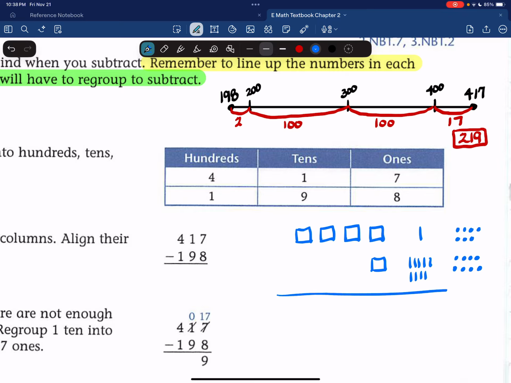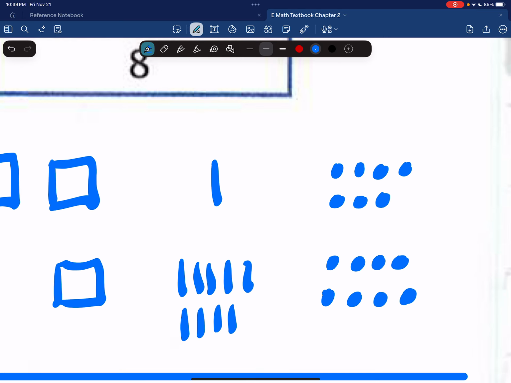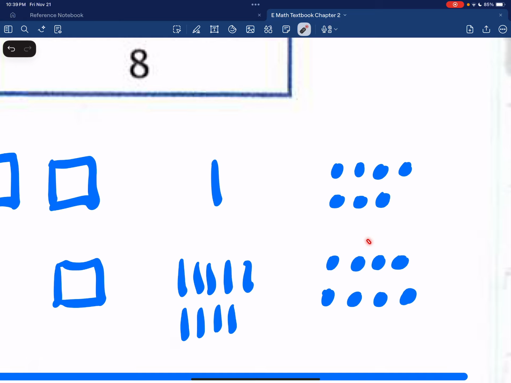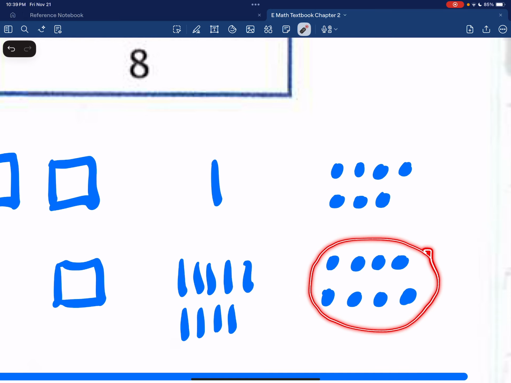And then you would draw your line to do your subtraction. And you cannot take 8 ones away from only 7 ones. The bottom number's bigger, so you better borrow.